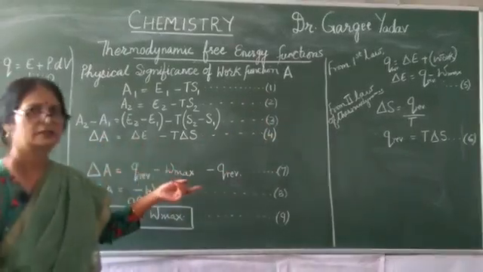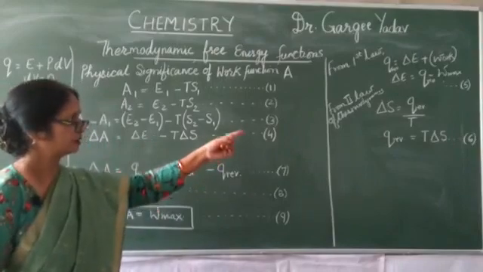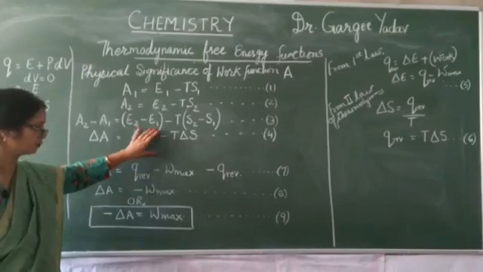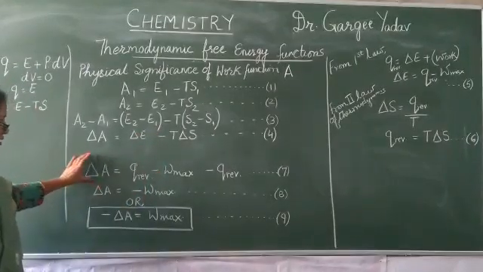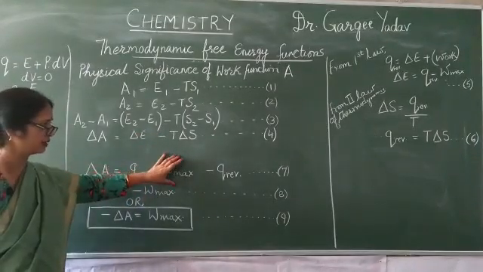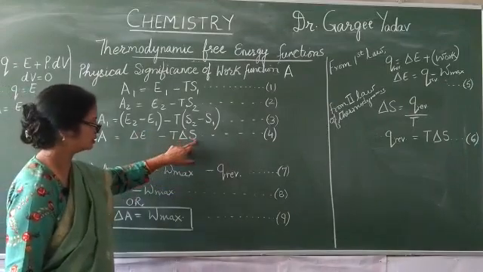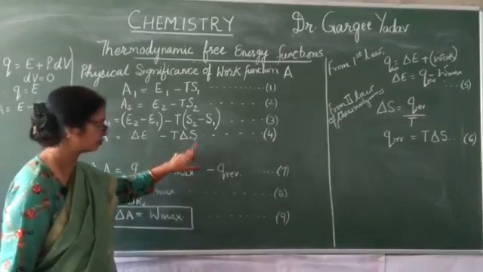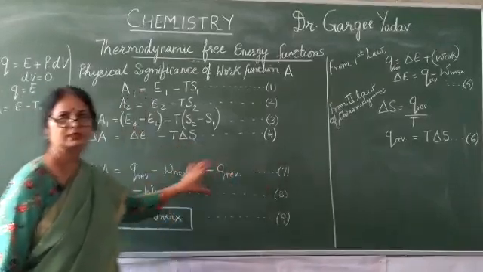Similarly, let us substitute the value of Q reversible, T delta S, in equation number 4. What we get? Delta A is equal to Q reversible minus W minus Q reversible. T delta S from the second law of thermodynamics is equivalent to Q reversible. We get equation number 7 here.